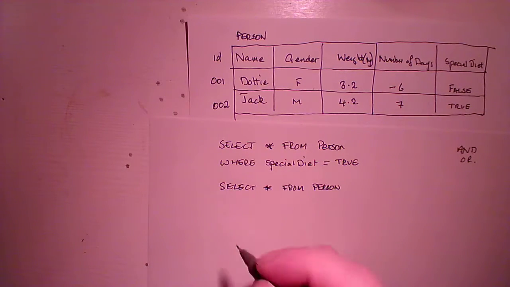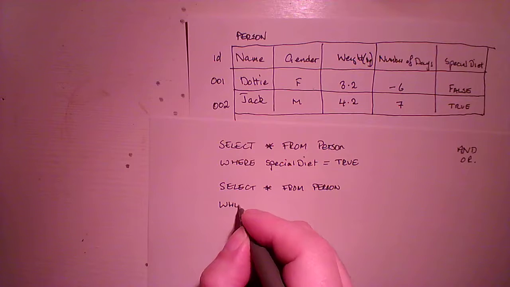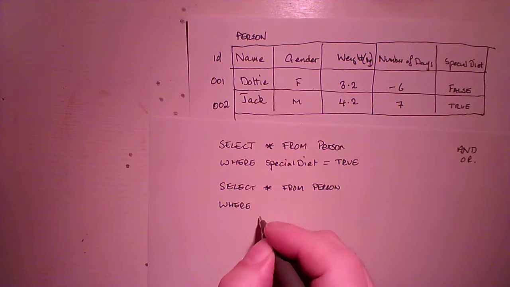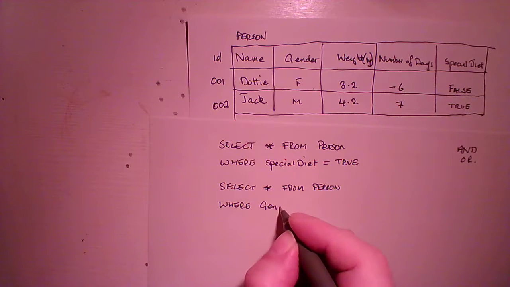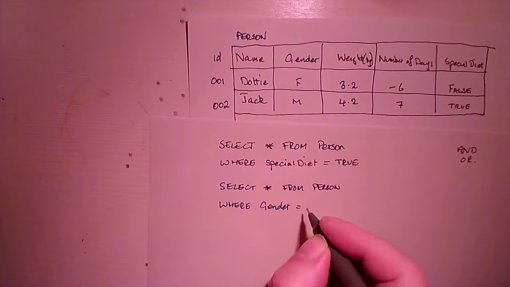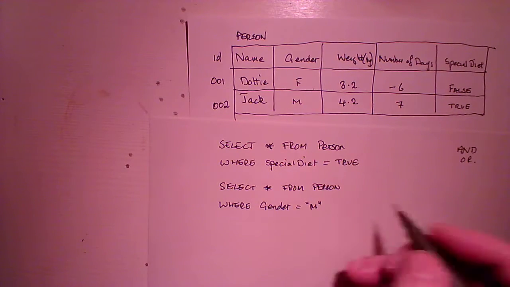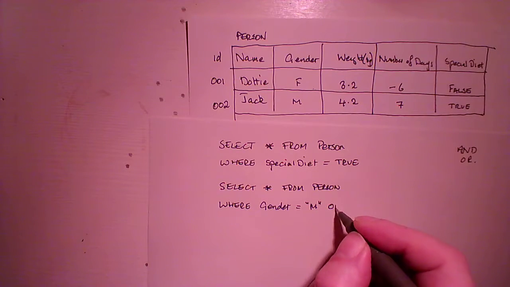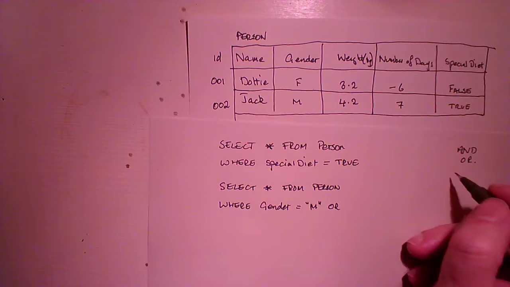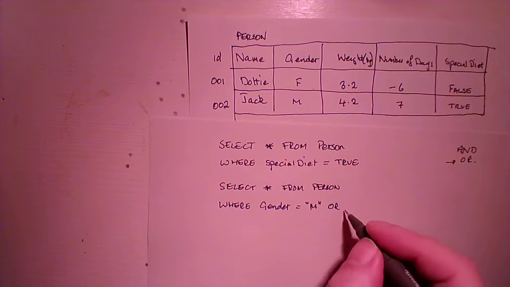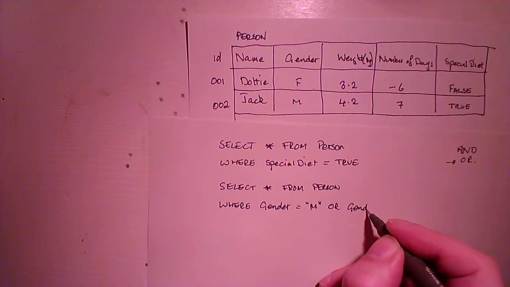SELECT star FROM person WHERE, let's say, gender equals male, OR, so I'm using the OR command here, and I've got to use the field name again.